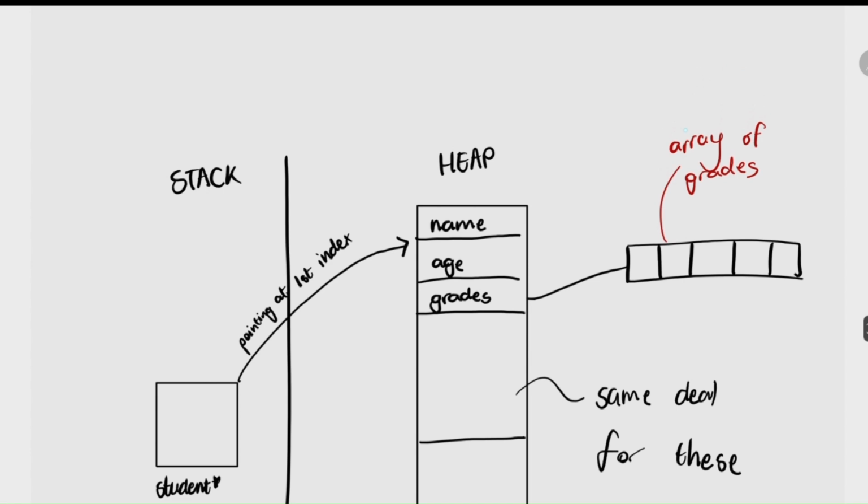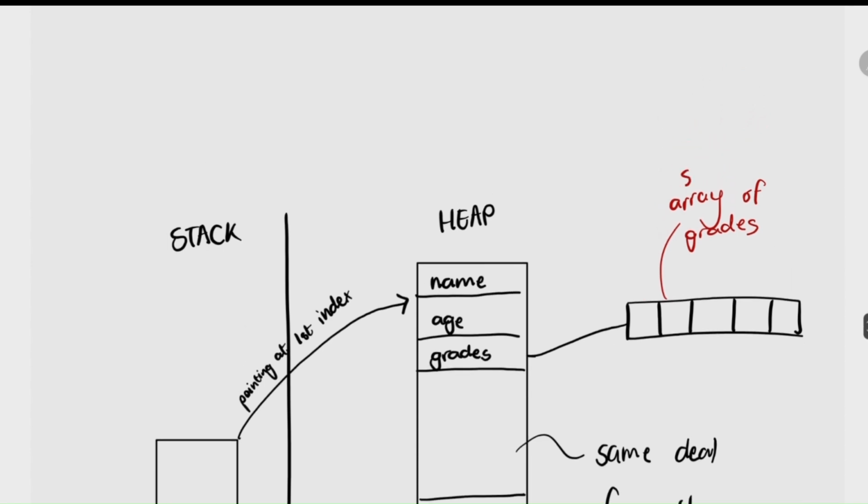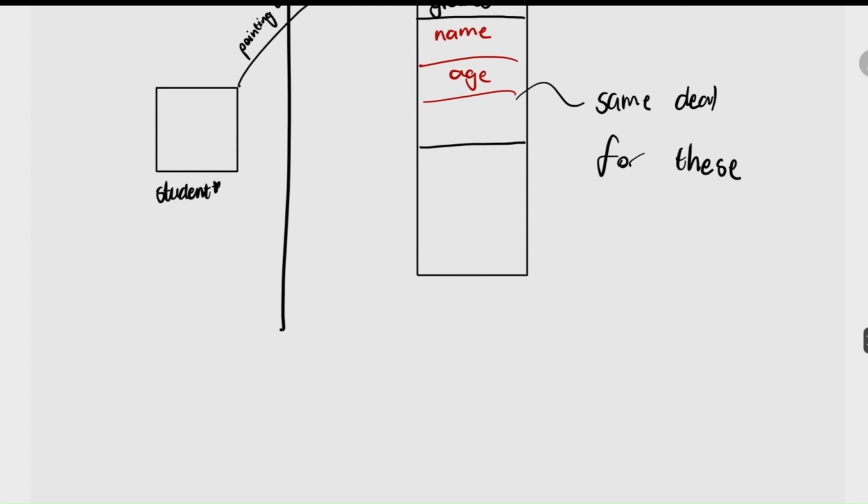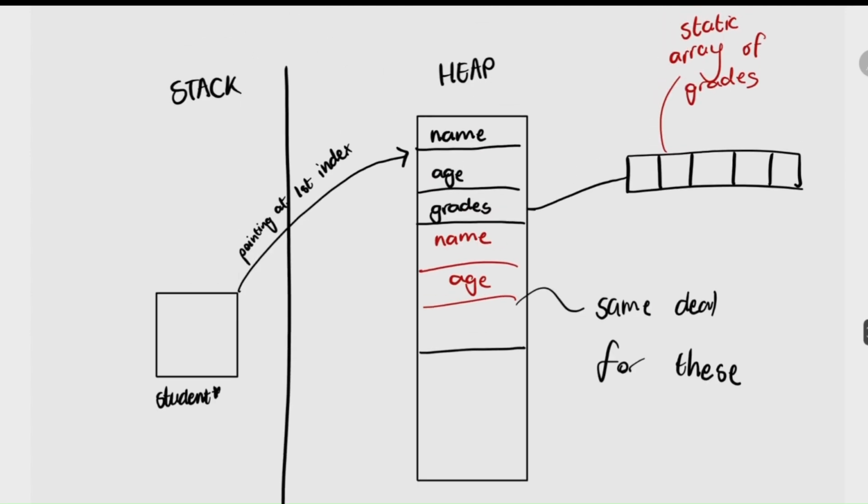Maybe I should have specified over here that it is a static array. And then as I wrote here, it is the same deal for all of these. So these ones also have name and age and grades, and as many as you would like, depending on the limitations of your memory.